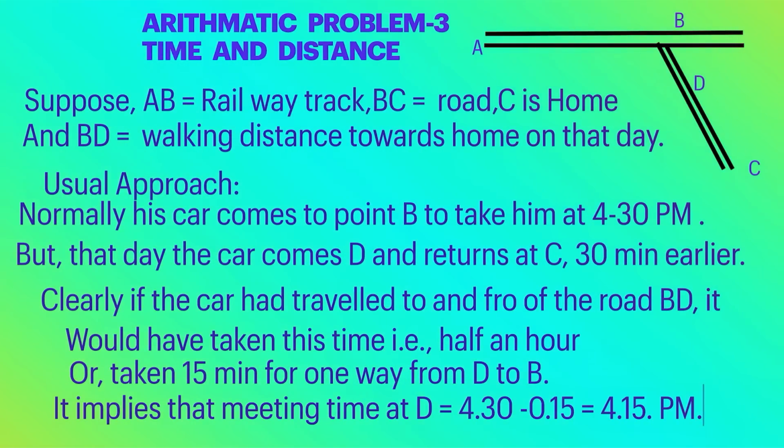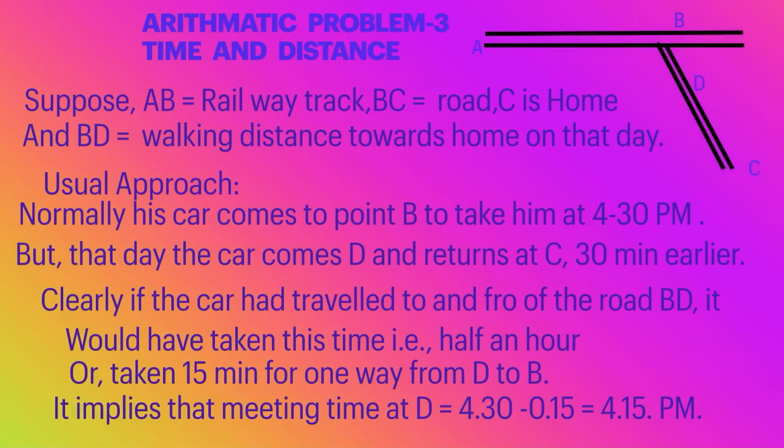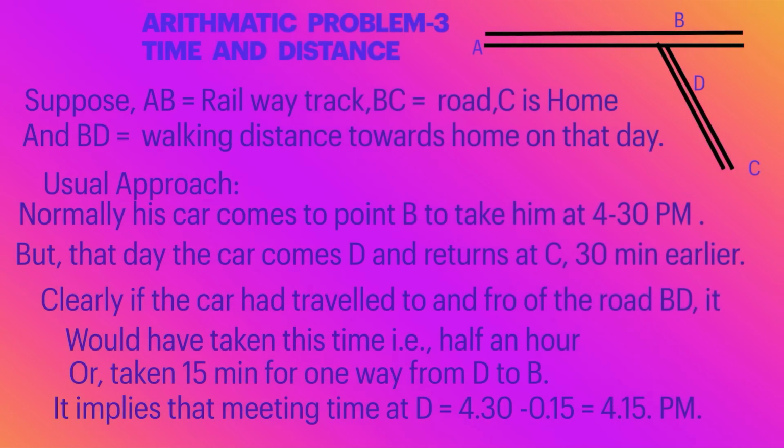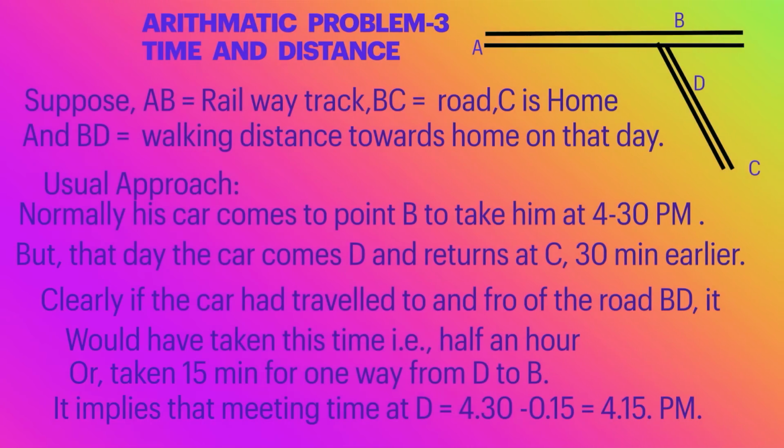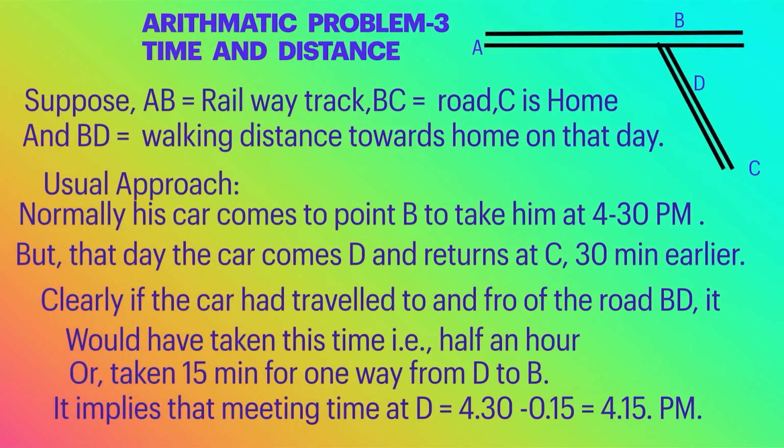So it implies that the meeting time at D equals the normal time 4:30 minus 15 minutes, which equals 4:15.